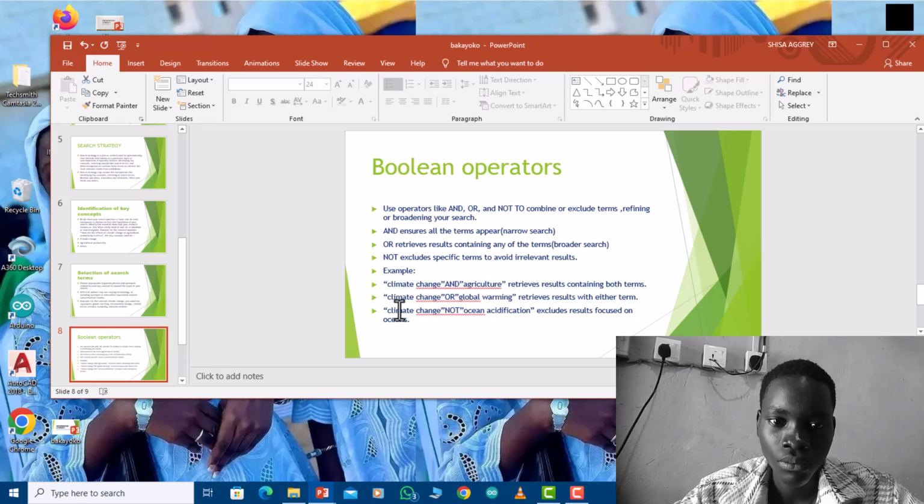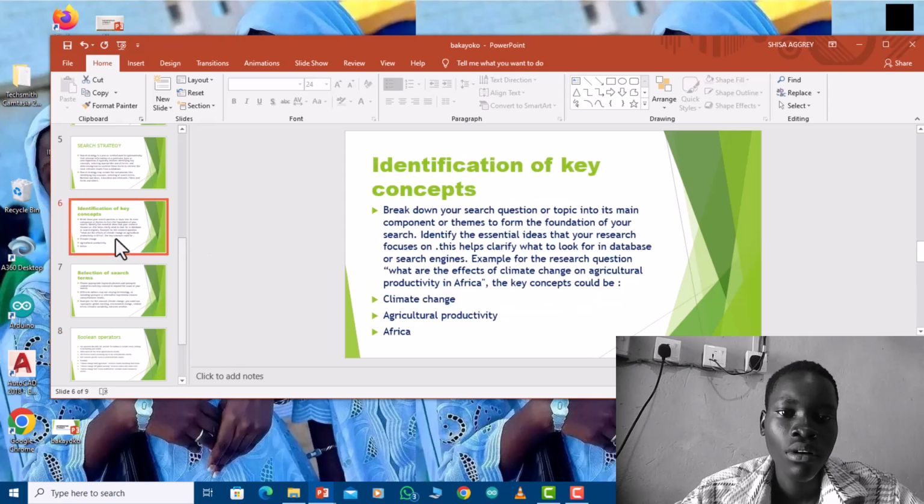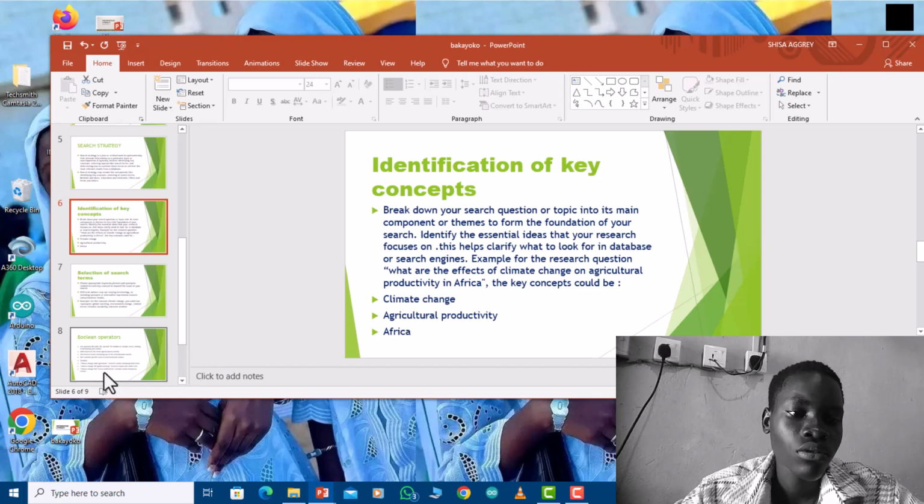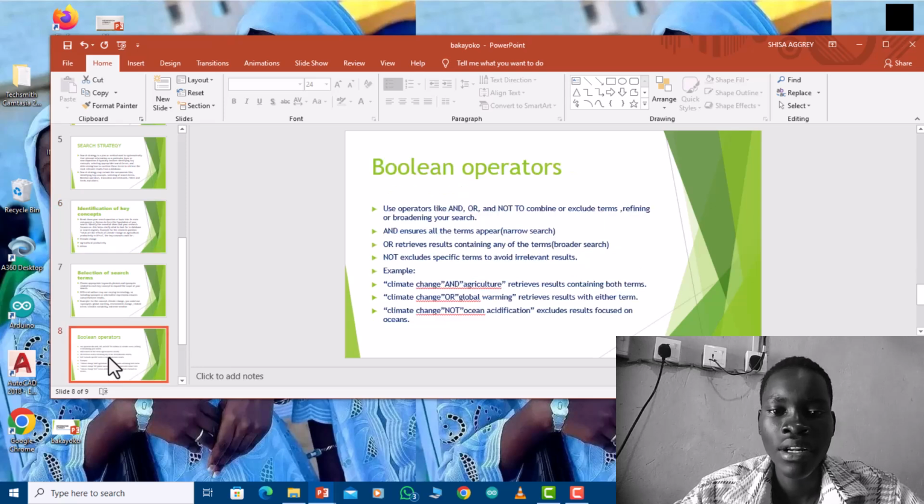Then also, I told you before in slide number 6, when you are gathering key concepts, we put down climate change. We also tapped on agricultural productivity, then Africa as key concepts. So while including the operators, you need to deal with them one by one.